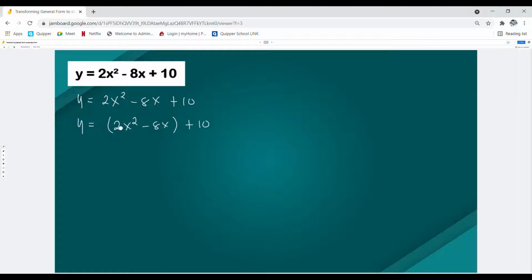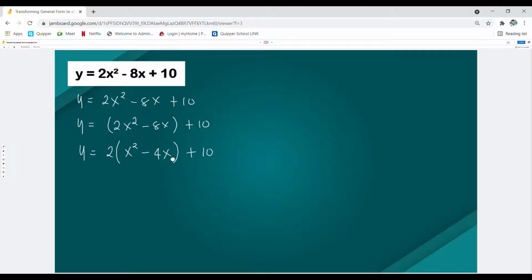And how to do that? You must divide by 2, so that it will become 1. If you divide this 2 by 2, it's a 1, so x squared is what remains. And negative 8 divided by 2, you have negative 4, so that's negative 4x inside. So plus 10, and that's it.